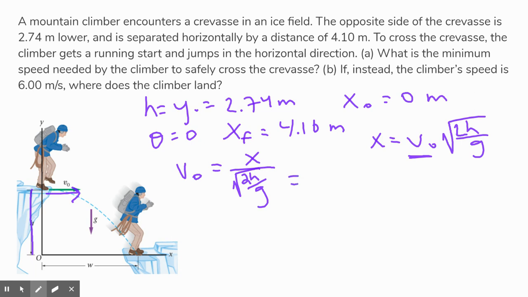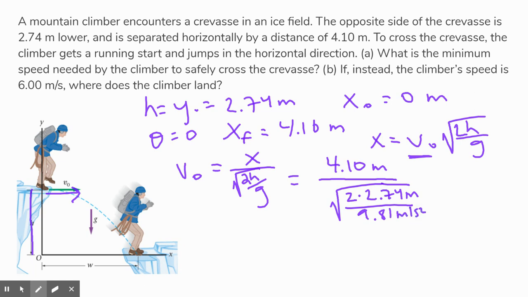Okay, so now we're just going to plug in the information we have. We know that the height is 2 times 2.74, divided by 9.81 meters per second squared.